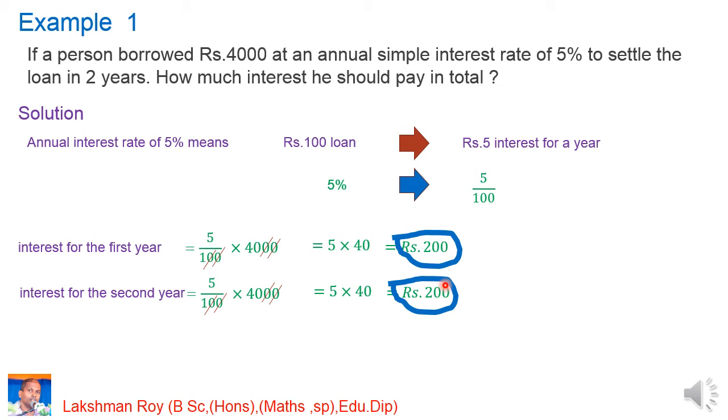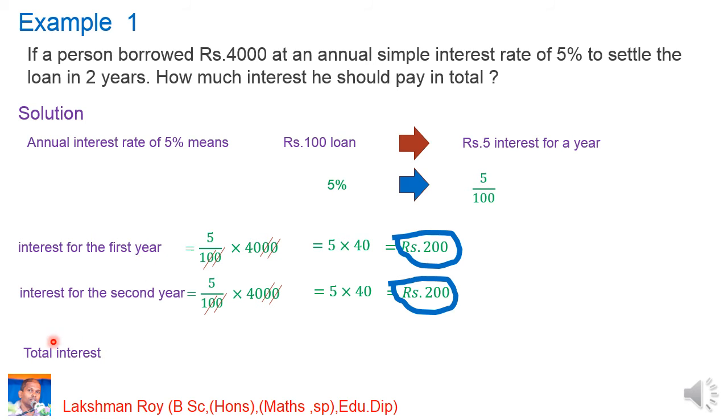Same interest. Why? Interest is calculated only on the loan of 4,000. So there is no need to calculate interest for the second year, third year, fourth year. If you calculate interest for 1 year or 1 month or 1 day, you can get the idea.